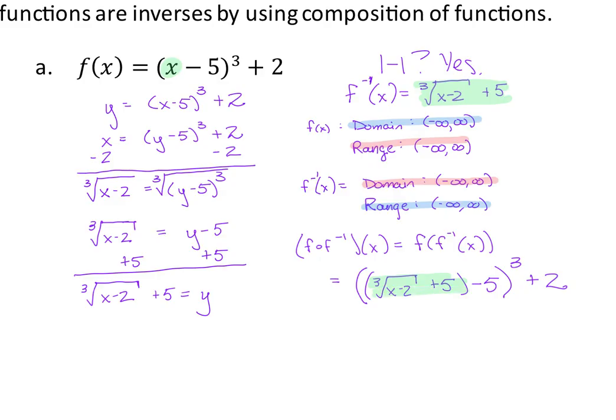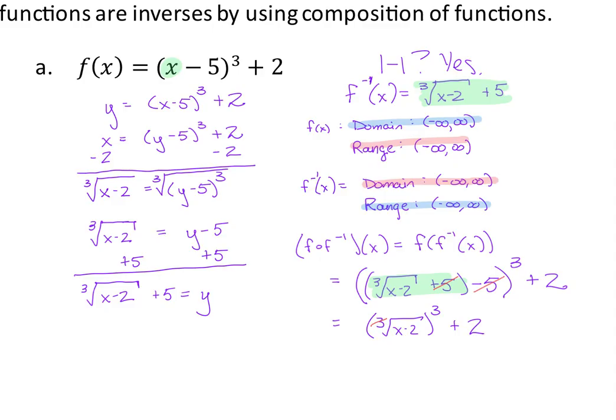And then now we want to go ahead and simplify this. A lot of this is, basically, things should cancel out. So for instance, we have our plus 5 and our minus 5 cancel. This becomes the cube root of x minus 2 cubed, and we still have our plus 2 on the outside.